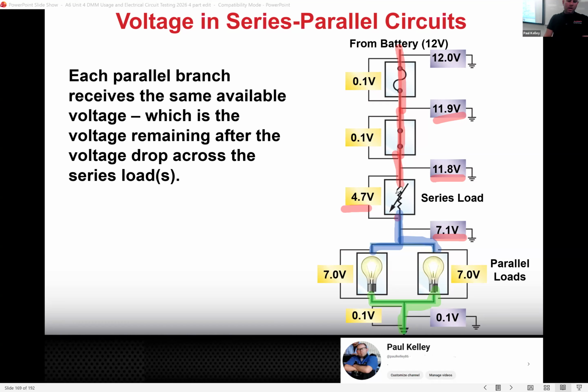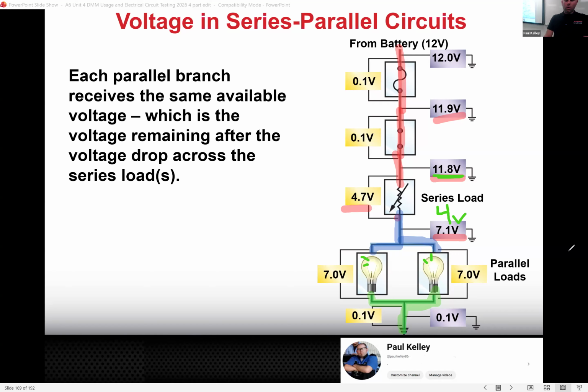When you turn the dimmer down, that increases the resistance, which means it's going to consume more. So rather than 11.8, we have 7.1 left over. If we turn the lights down, maybe we only have like 4 volts left over. That's going to make these glow very dim.